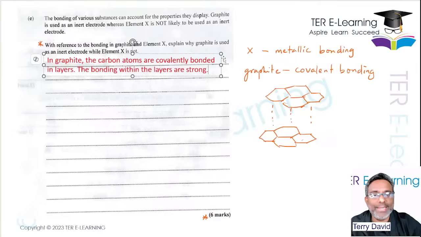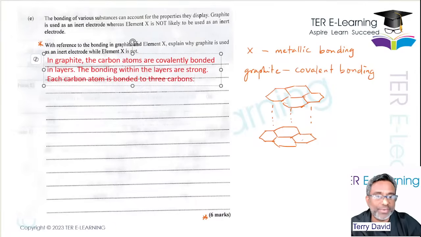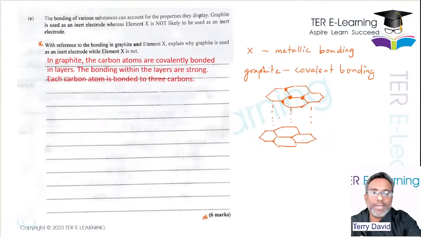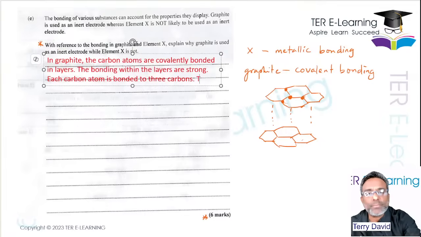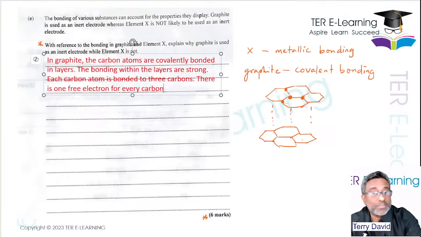So we could say that each carbon atom is bonded to 3 carbons. That is what is happening in the structure. If I look at just one carbon here, that carbon is covalently bonded to 3 carbons. What that does is it leaves one free electron for every carbon, because every carbon is bonded to 3 other carbons.